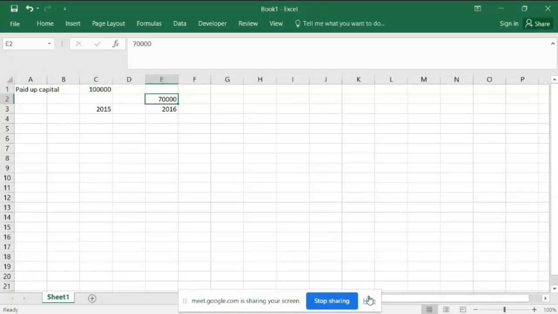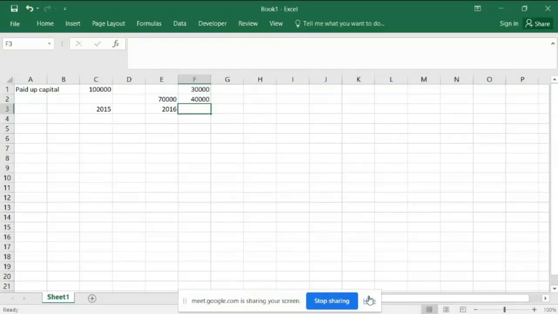The company can have two different options: to distribute the profit in the form of dividend, and the portion of profit is again going to be kept for the future purpose. So you assume that 30,000 rupees is going to be given to equity shareholders. It means the remaining 40,000 will be kept for the future purpose.